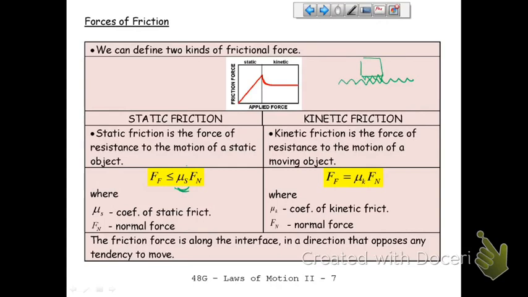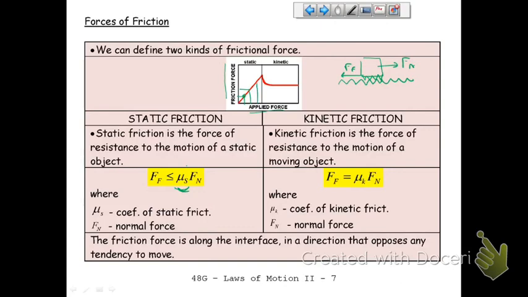And we find that if we do the experiment, if we plot the frictional force versus the applied force. So here's my applied force, and there's the frictional force. What I find is that before I start moving, if I apply 1 newton, my frictional force matches it, so I don't start moving. If I apply 2 newtons, my frictional force matches it.